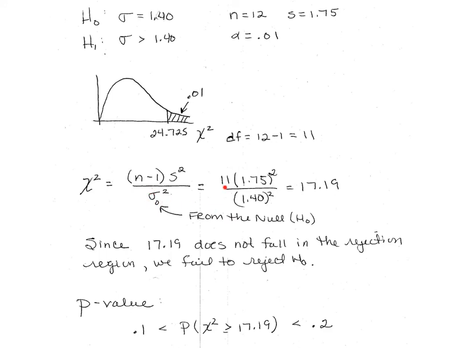So we get 11 times 1.75 squared divided by 1.40 squared. And when we do the arithmetic there, we get 17.19. So you should come up here and see that 17.19 does not fall in the rejection region. It's going to fall somewhere down here. So since 17.19 does not fall in the rejection region, we fail to reject H naught.